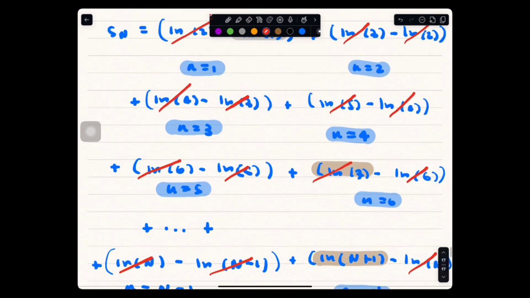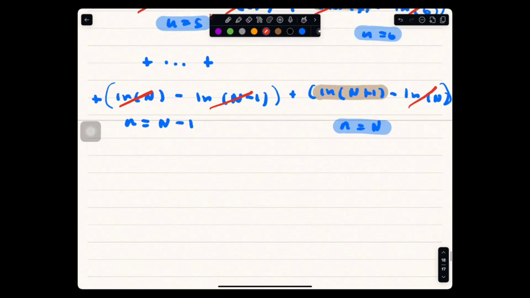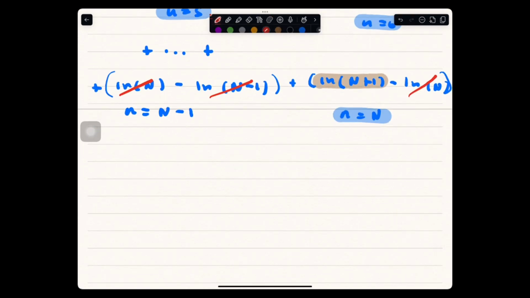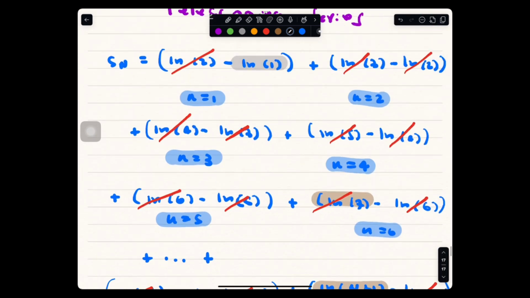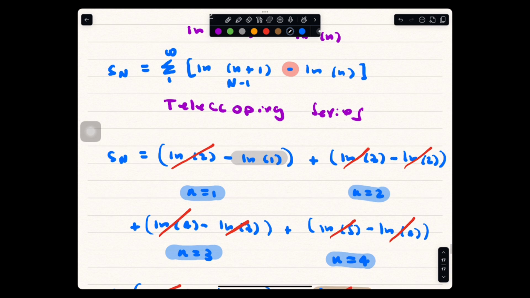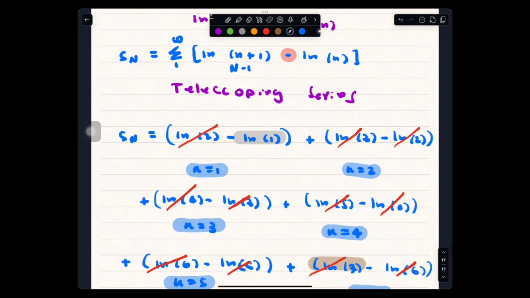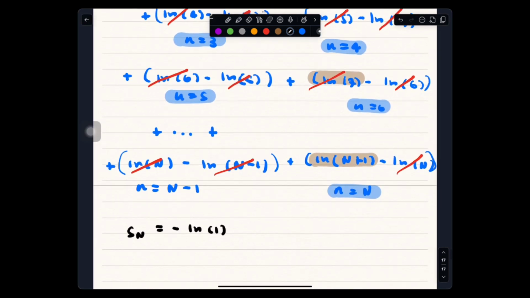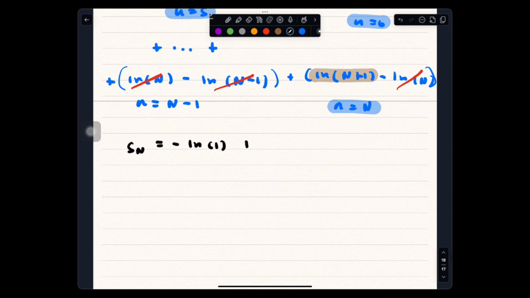So your sequence of partial sums, this Sn now, looks like the following. It's minus natural log of 1. This term is there. Everything else collapses, goes away. And you say plus the natural log of n plus 1. Now, isn't the natural log of 1 0?